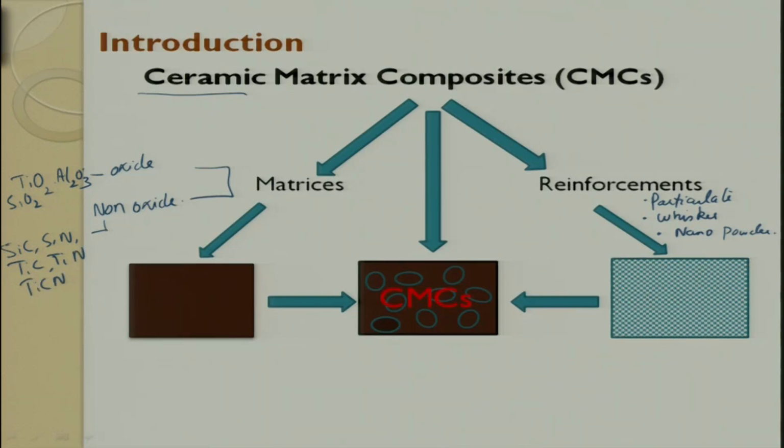These are some of the non-oxide ceramics which are there. So, you can choose depending upon your requirements any one of these ceramics as a matrix, and then this matrix is blended or mixed with these reinforcements, and finally you get the output ceramic matrix composite.